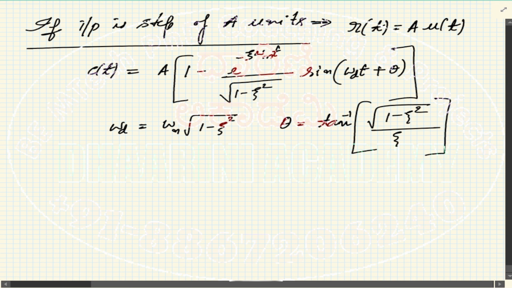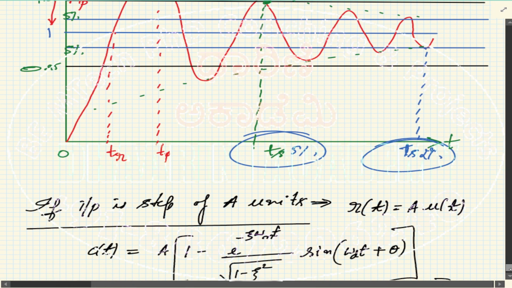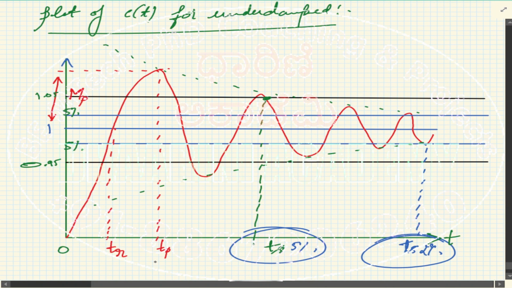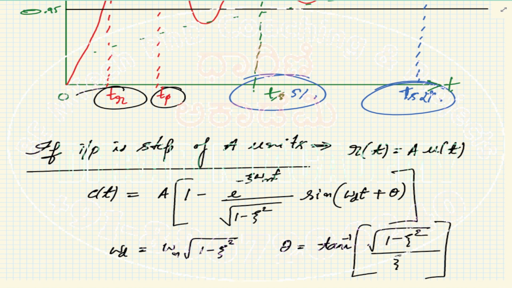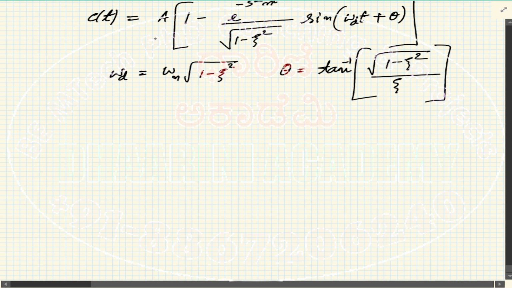All right. So after that, from the above graph, we can find all such parameters such as rise time, which is TR, the peak time, TP, maximum peak overshoot, and then we have the TS. So these values we will be able to calculate.